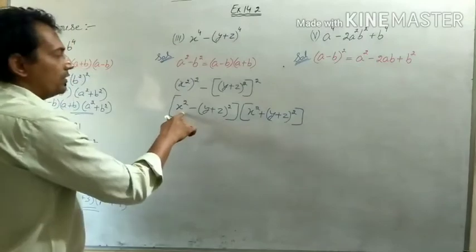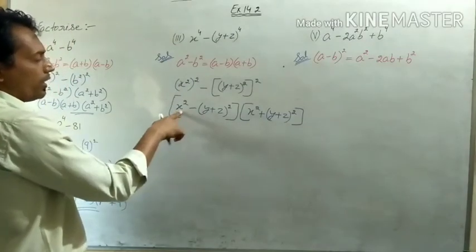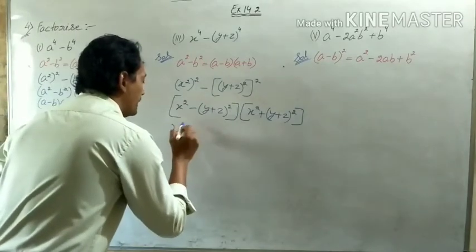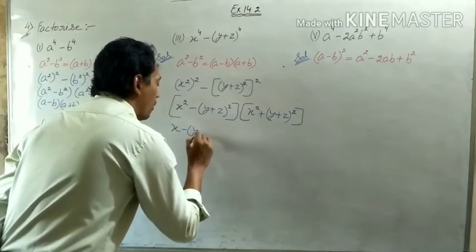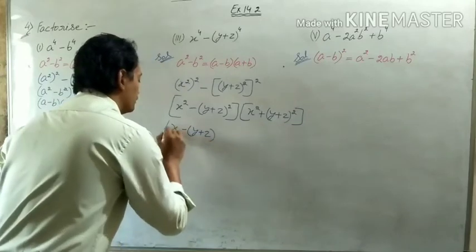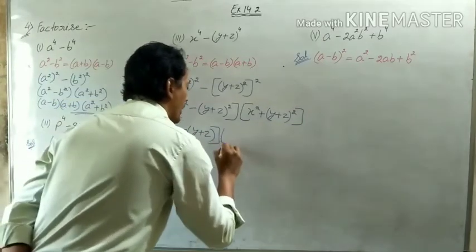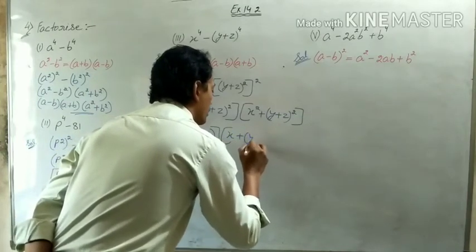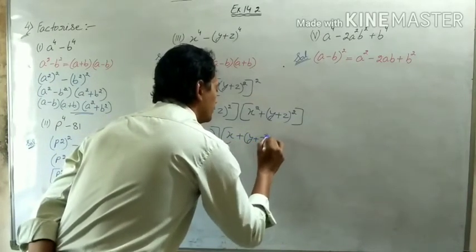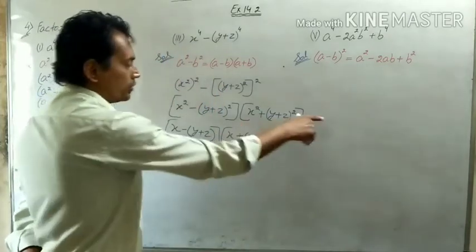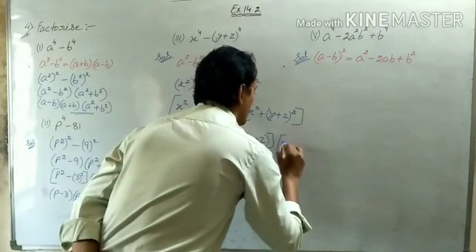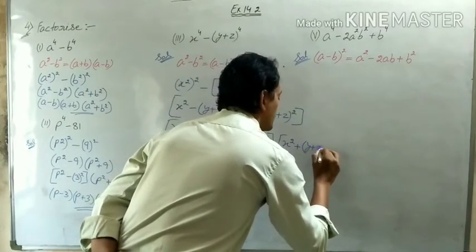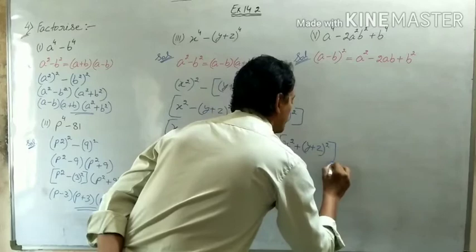Again applying the formula here, a square minus b square, we get x minus y plus z and x plus y plus z, and the rest of the thing as it is, x square plus y plus z whole square.